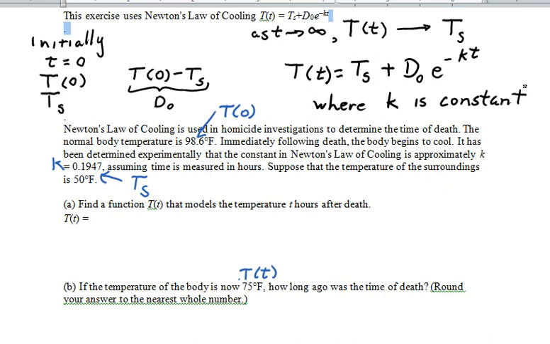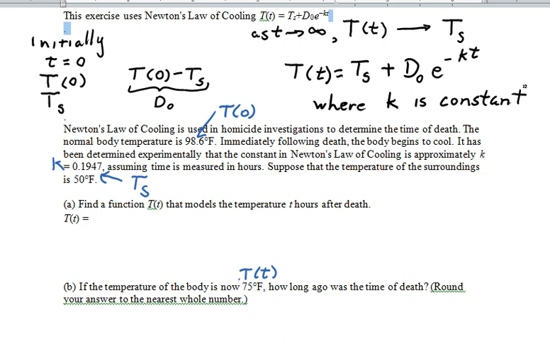So looking at the first application, we see that we're dealing with forensics here. And the body temperature of a person at the time of death is 98.6 degrees Fahrenheit. That's our T of 0.